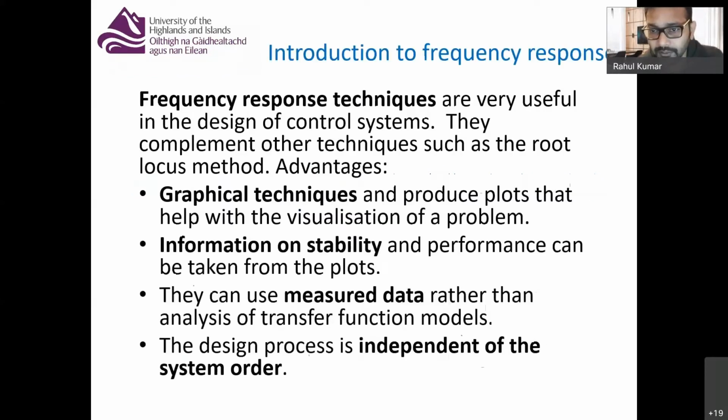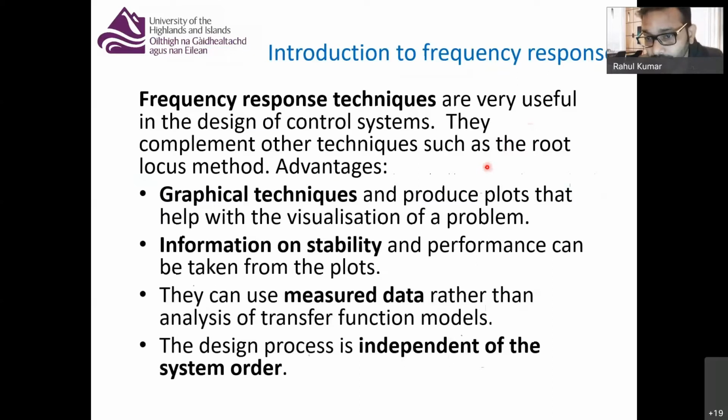Frequency response techniques are very useful in designing a control system. They are useful in visualizing the problem, and they give us information on the stability and the performance of the system.